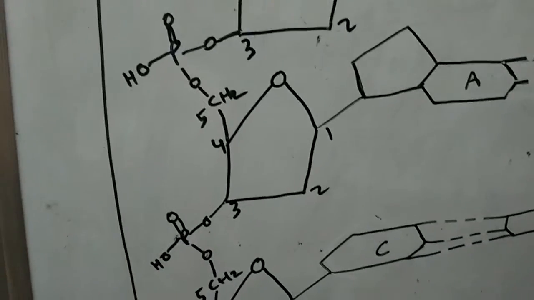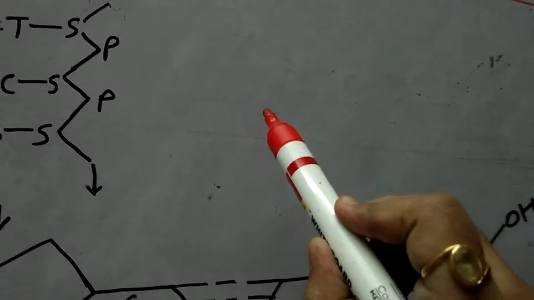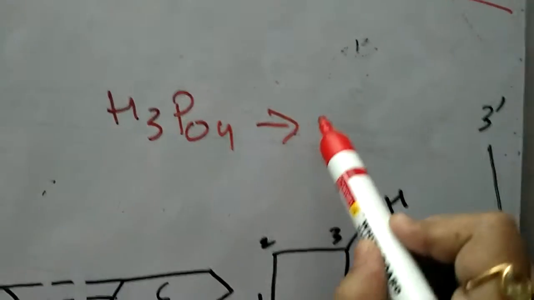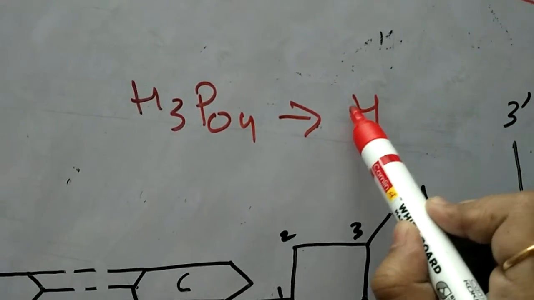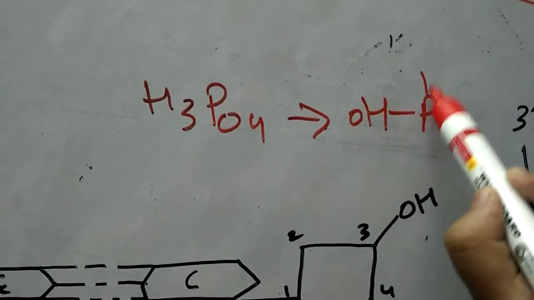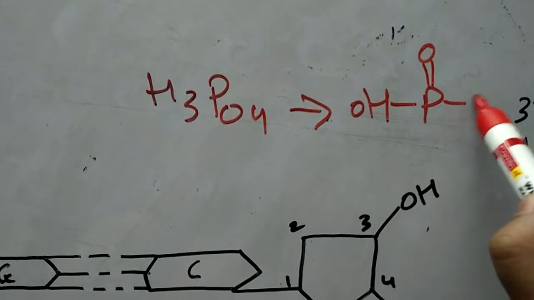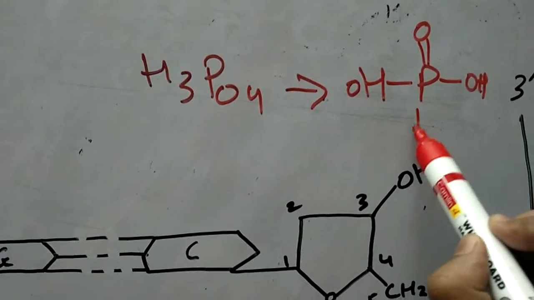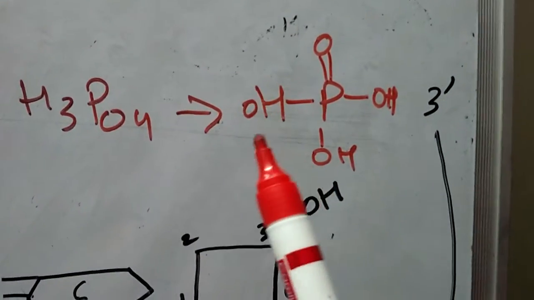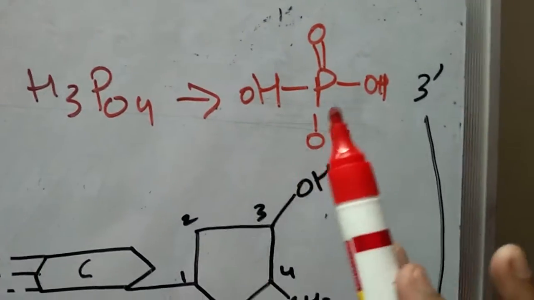If you remember, phosphoric acid is H3PO4, with OH, double bond, OH. This is the structure of the phosphate group, or phosphoric acid, not phosphate but phosphoric acid.